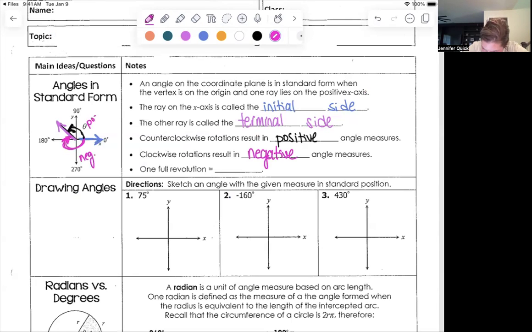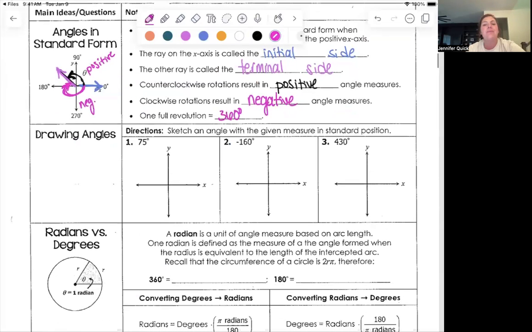This is a positive direction. One entire revolution is a circle, so 360 degrees. So our goal right here at the beginning is to just be able to sketch what an angle on an X and Y coordinate grid would look like. Remember, we have our initial side. That's going to be the one that's at our X-axis.